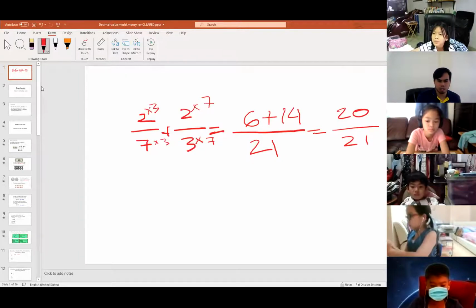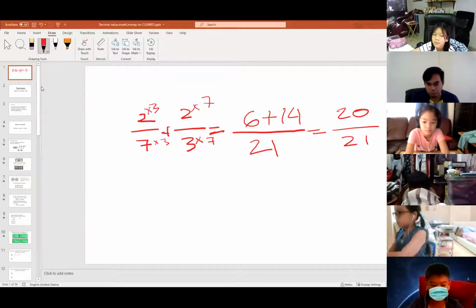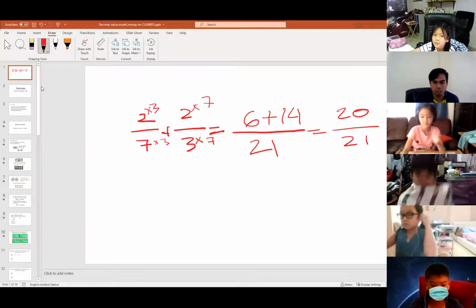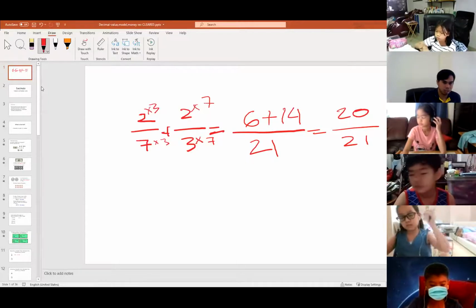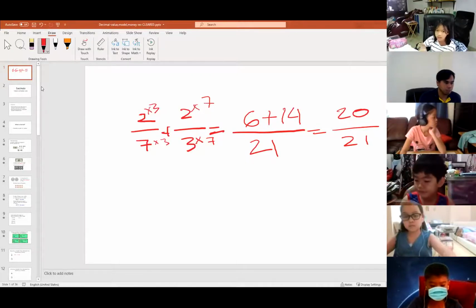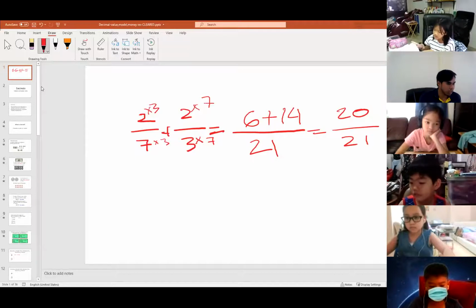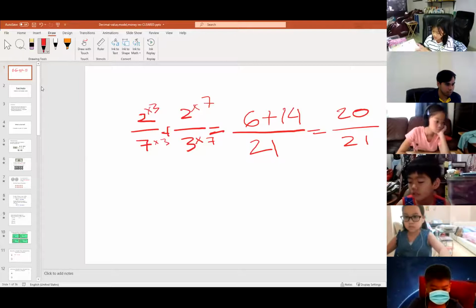How about subtraction? Let's give another. Give me a fraction. Any fraction. Ginny, can you give me any fraction for subtracting?